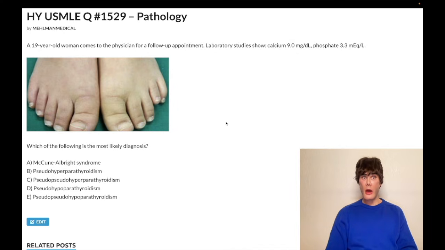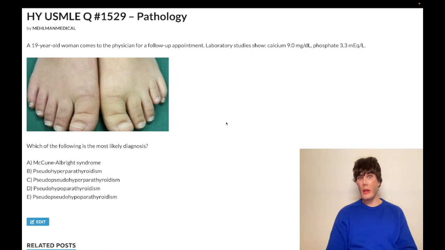So another point is that you have insensitivity to PTH with pseudohypoparathyroidism, where the G-alpha S G protein can't do its job the way it's supposed to. So this is a mutation in the GNAS gene, the maternal allele. It's an imprinting effect, results in insensitivity to PTH.